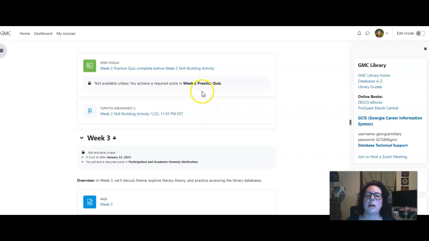Okay, so then our practice quiz this week is going to be all about MLA formatting. So that's why you wanted to look at that resource before doing that. This is not a graded quiz, but just to kind of get you thinking about some of the things that you need to either learn or refresh yourself about MLA formatting.